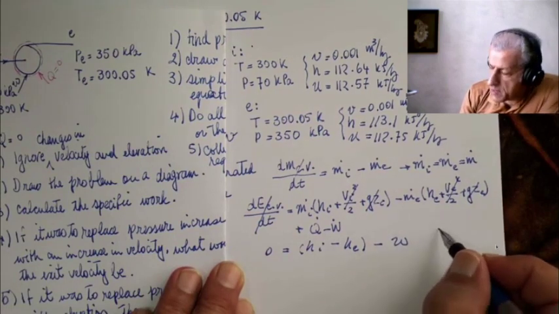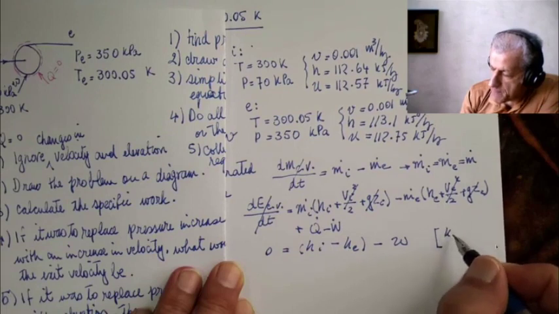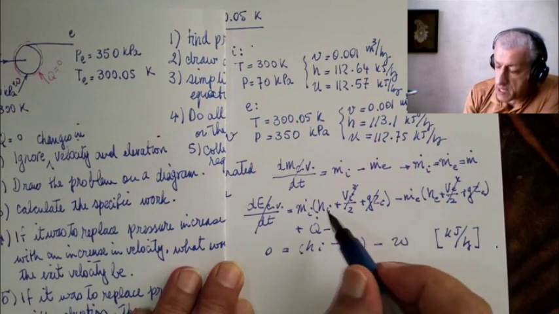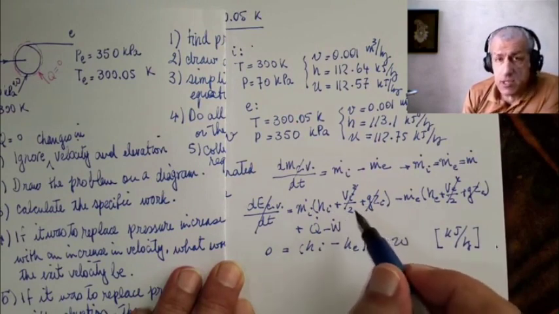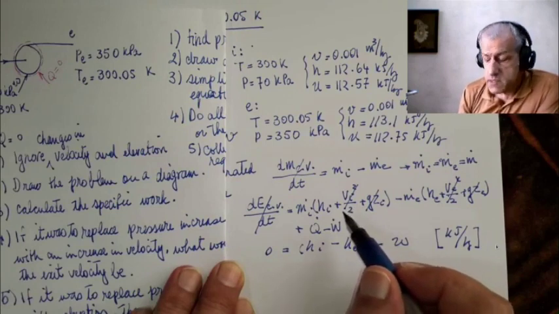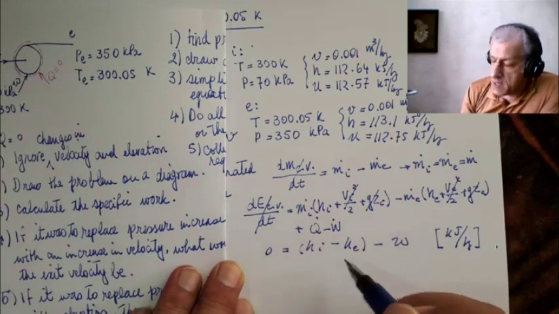Remember, all dimensions in this equation are kilojoules per kilogram. The dimension in the earlier equations is kilojoules per second, which is kilowatts. Here we have divided.